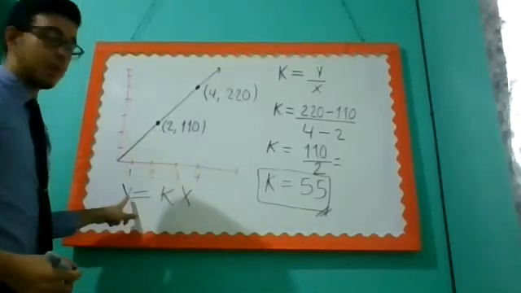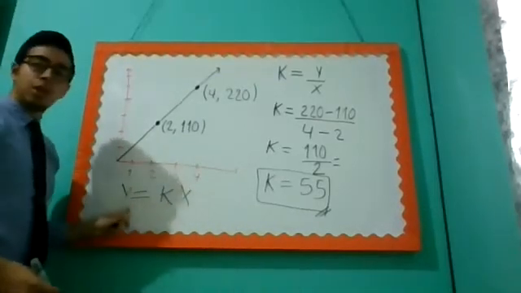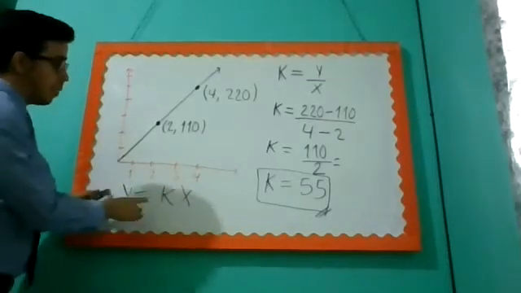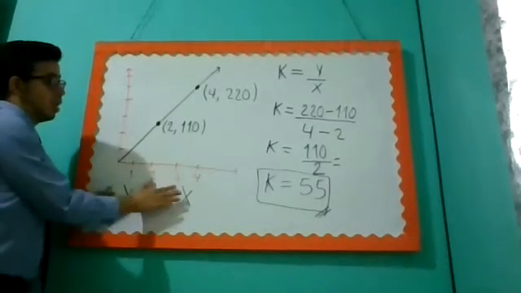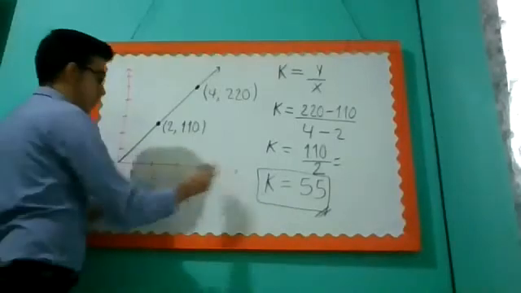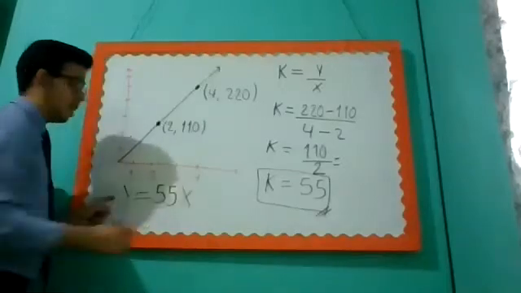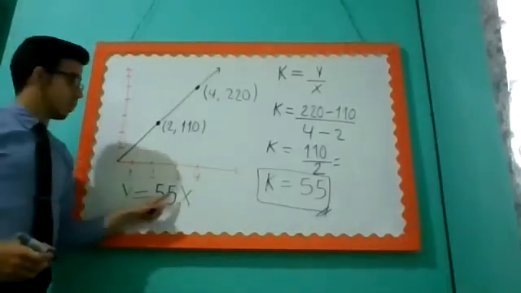Remember, this is the other equation we were using yesterday. And I already have the value for k. k is going to be 55. So I have that y is equal to 55x.